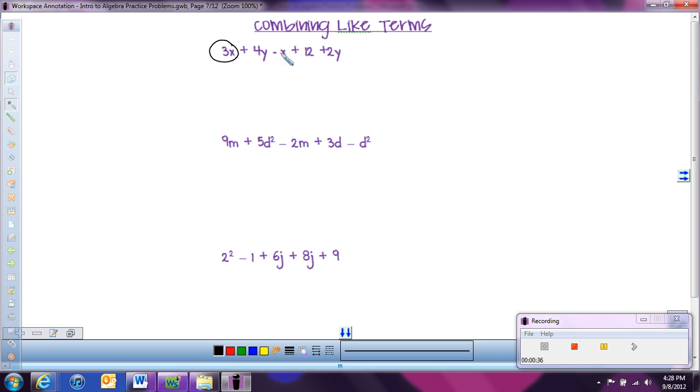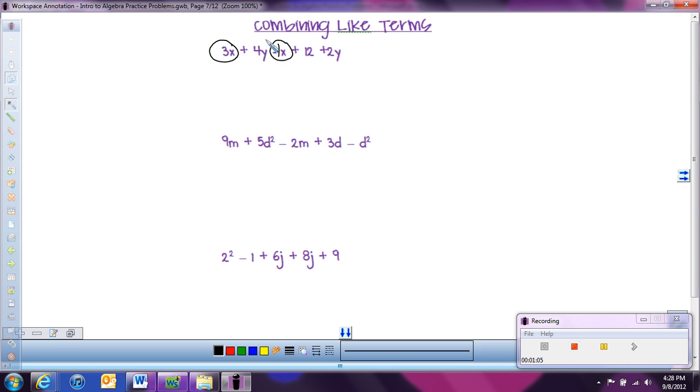And the last lesson we talked about how if there's no number in front of a variable, there's an invisible 1 there. So I'm just going to write that in there. That's going to help us for when we're combining our like terms. And I'm going to put a circle around it. And make sure whenever you're doing this, whatever operation sign is in front of that term, include that in your shape, because you're going to need that so we know if we're going to be adding or subtracting when we combine those. So now we have all of our x's.